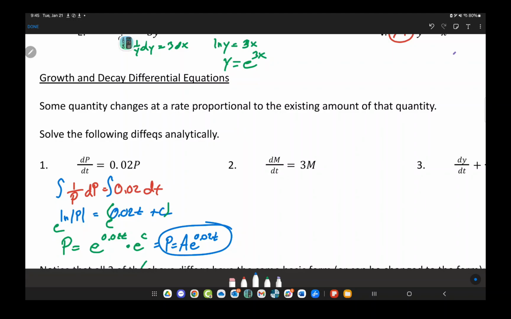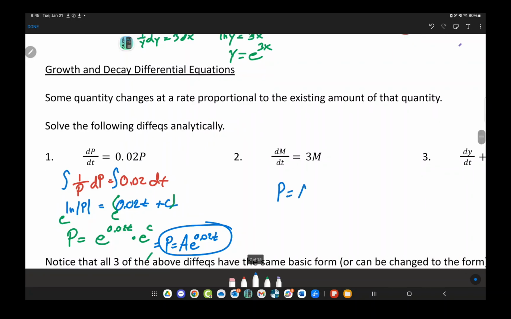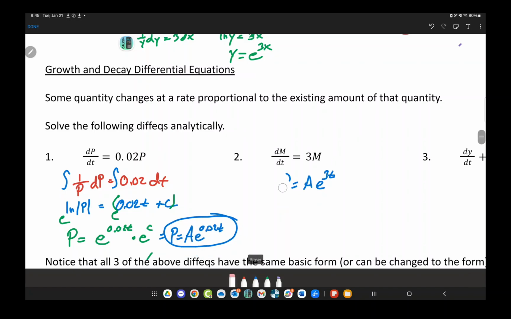That's what we're going to do for 2 and 3. Now, keep in mind what we just did for 1. What's the answer to number 2? Why don't we put constants on both sides?